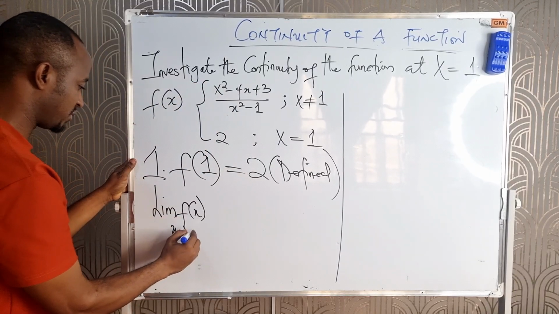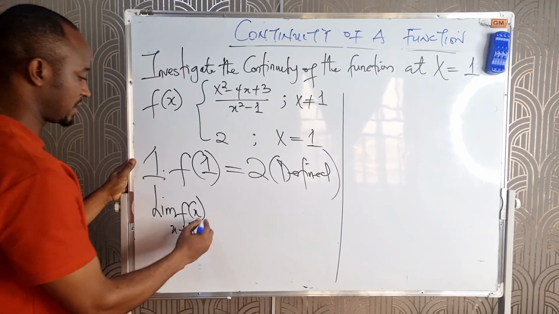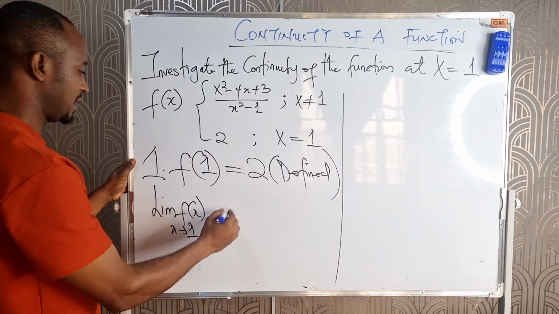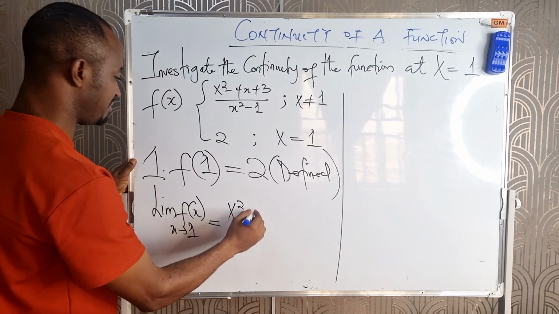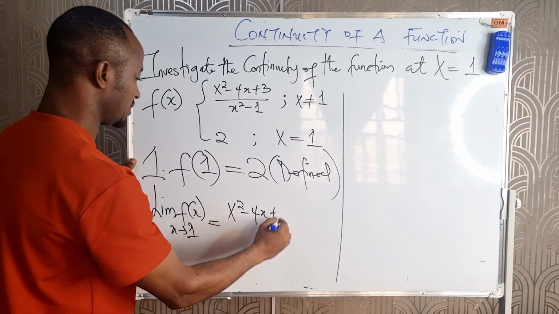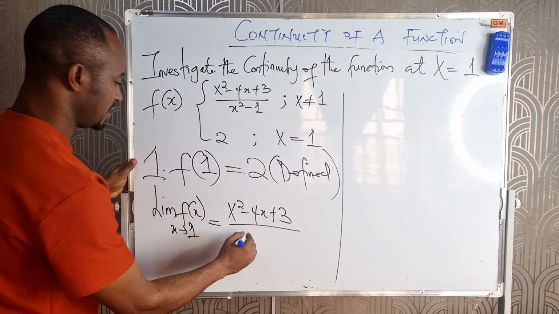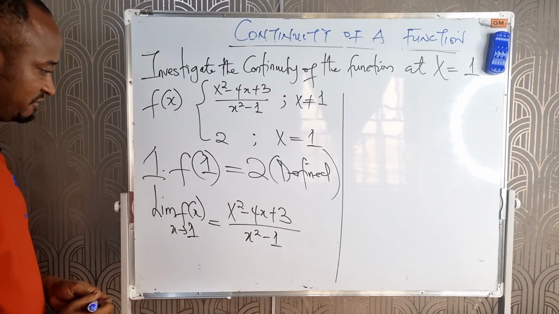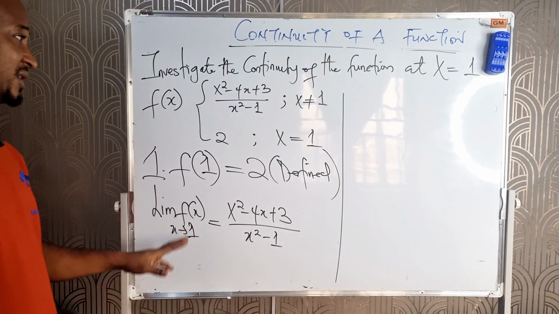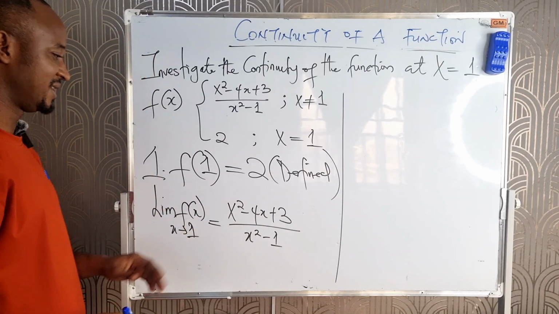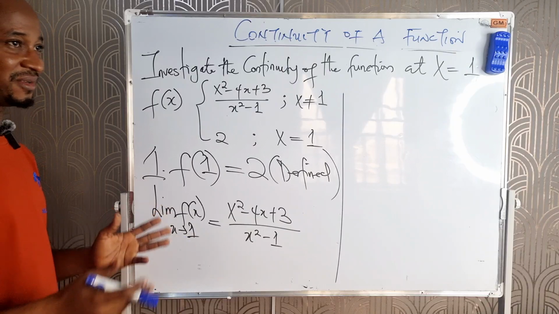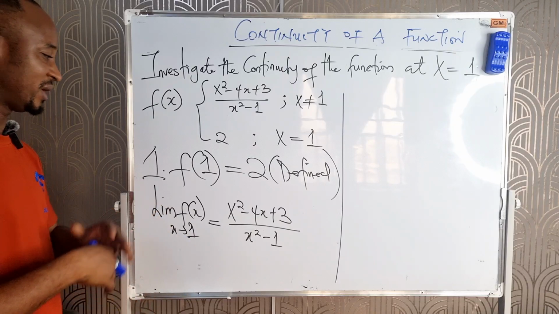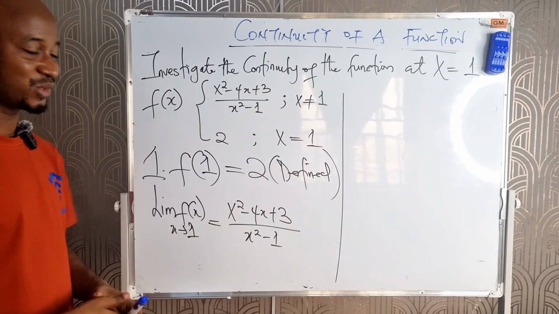As x approaches 1. Here we are given x squared minus 4x plus 3 divided by x squared minus 1. If you look at this very well, if I use direct substitution to find the limit, I'll definitely have an indeterminate form, right? That's why we are told that x must not be equal to 1.